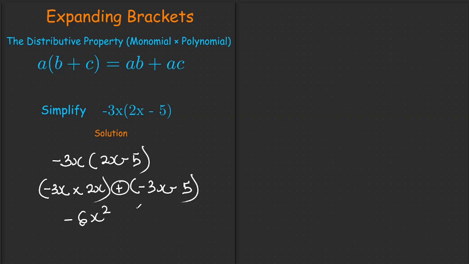Now you don't rush to write the positive because you take note of the signs you have over here. There's actually a negative times a negative, so negative times negative would give us positive. We can agree on that. Then we have our 3 times 5, which gives us a 15. Then since x is alone, we have our x over here. This is how we use the distributive property to expand brackets.